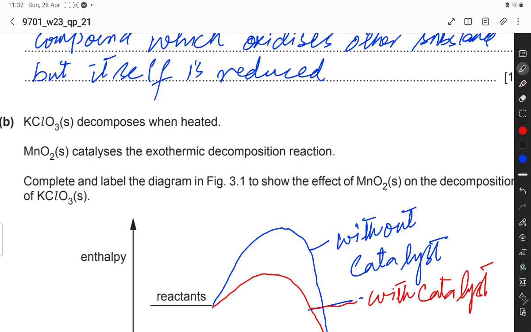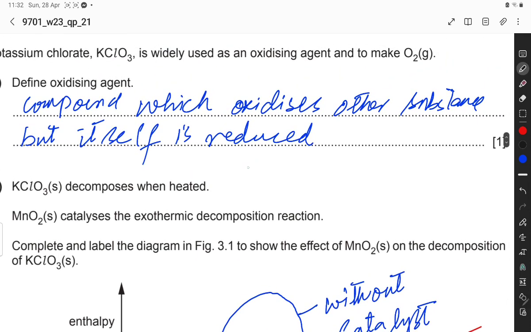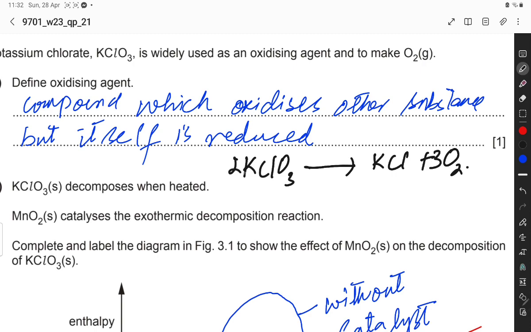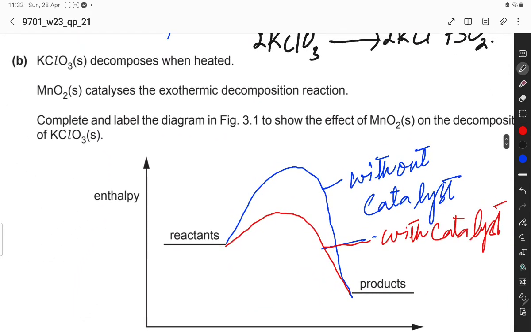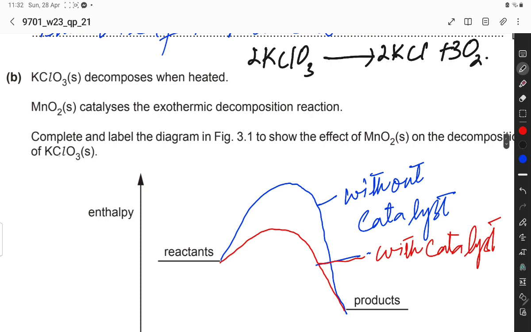Complete the table. KClO3 decomposes to KCl plus oxygen. So this is the decomposition of KClO3, catalyzed by manganese(IV) oxide.